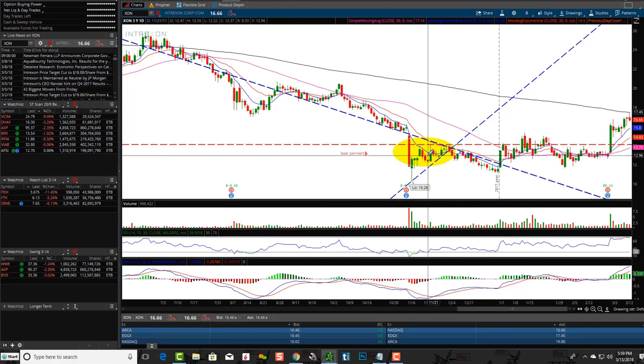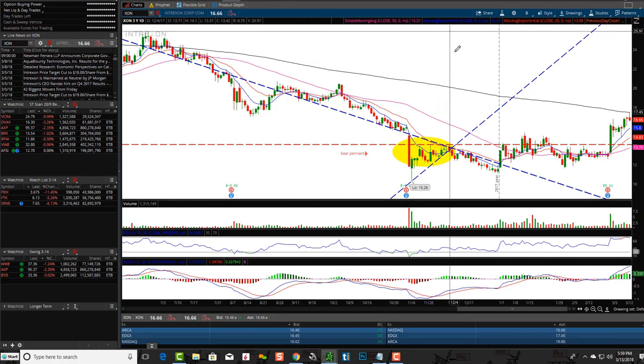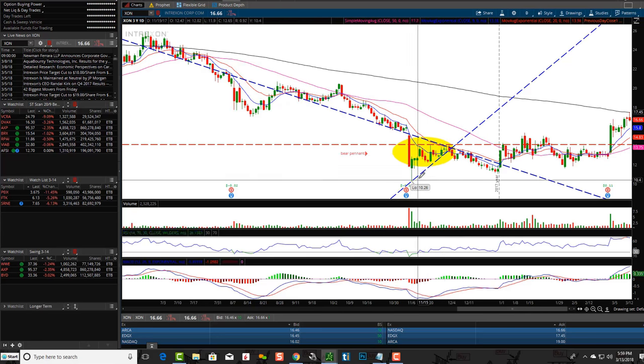So this could look more like an ascending triangle with a flat top. See how I can connect it here? I can connect it backwards. My point being, I try to show you several different ways to look at it, finding these triangles, drawing these wedges, learning how to do this stuff so you can find your best breakout or breakdown area.